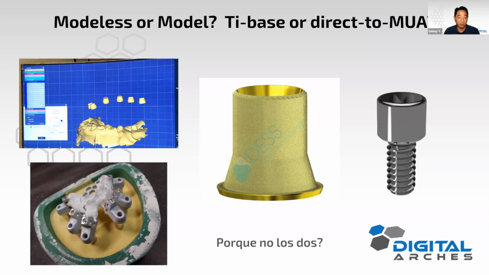I always wondered, if photogrammetry gave you the ability to continue to have a model so you could cement tie bases and check your manufacturing prior to putting something back in the patient's mouth, would there be as much vitriol against tie bases, and would there be as much vitriol as there is against models? I don't think there would be.